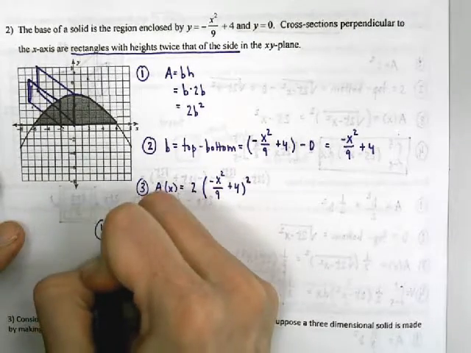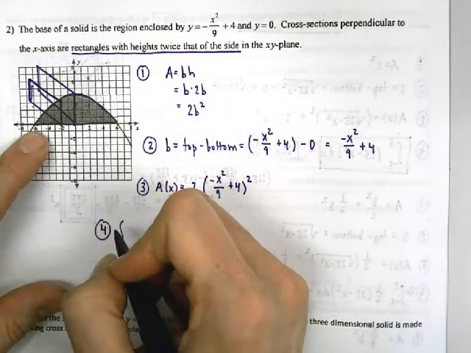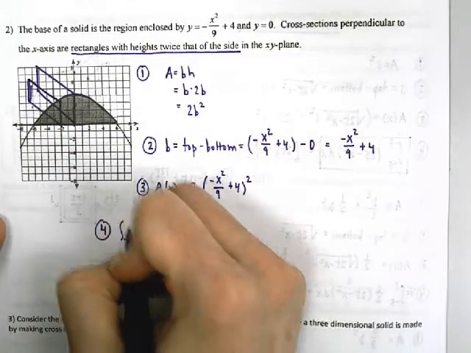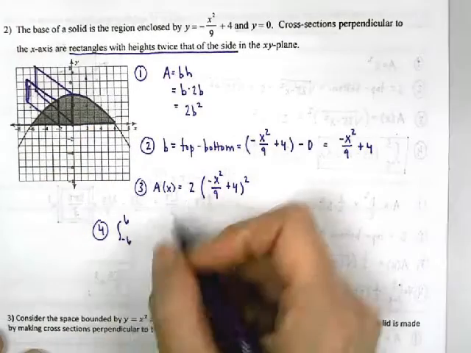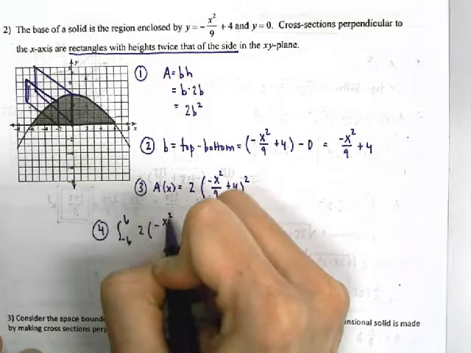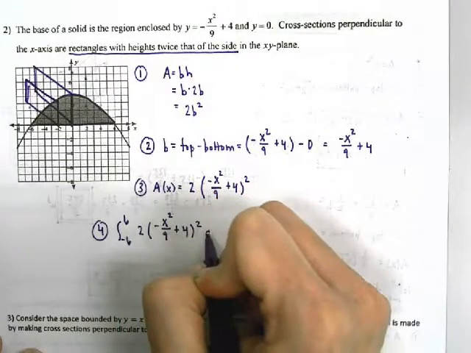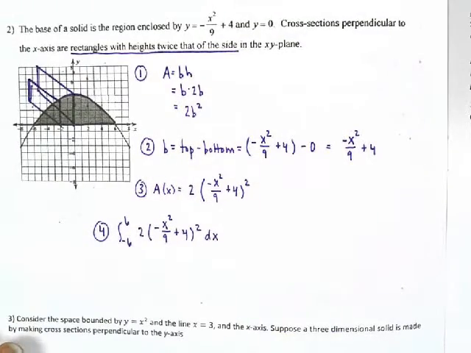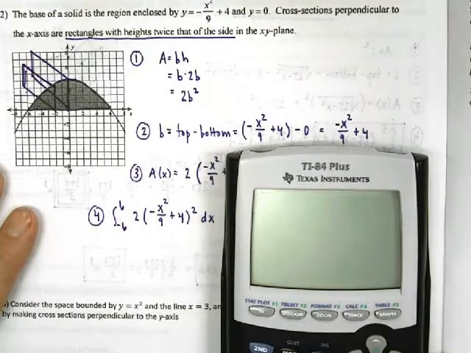So we can set up our integral, and we'll use our calculator for this. We're going to have the integral from negative 6 to 6. Again, we're getting those limits from the x-axis. And we're going to integrate our area, 2 times negative x squared over 9 plus 4, quantity squared dx. And now we're going to use our calculator to get that value.